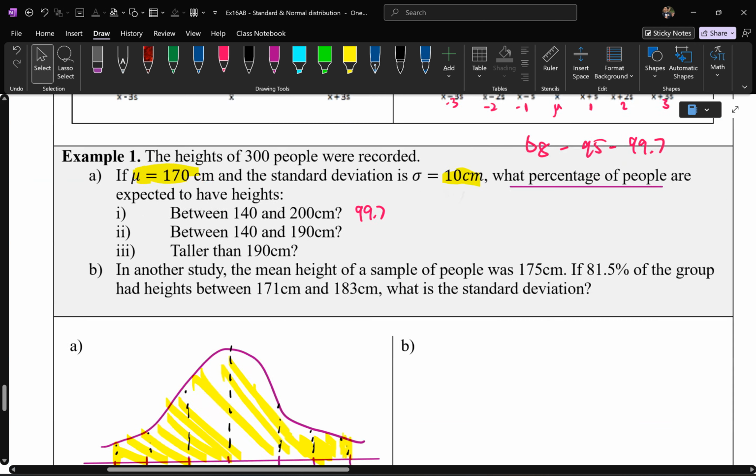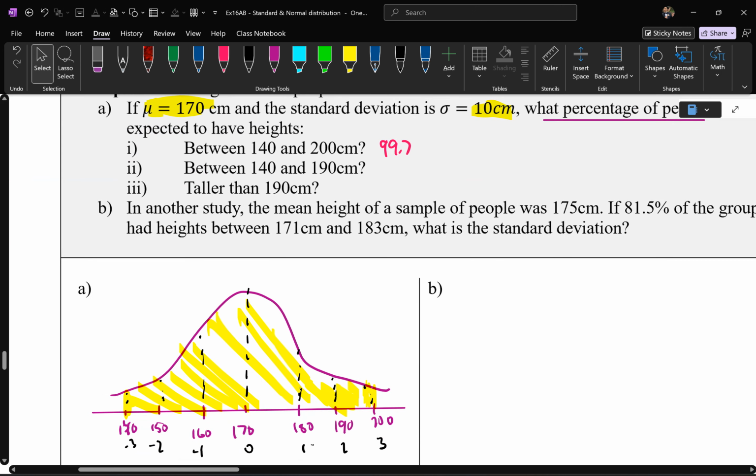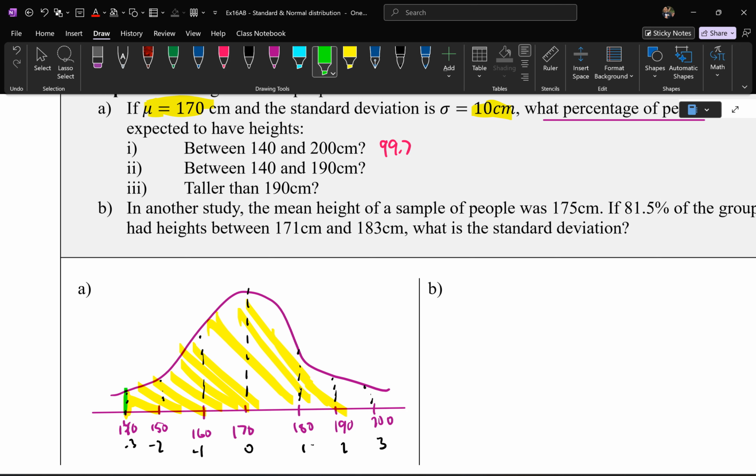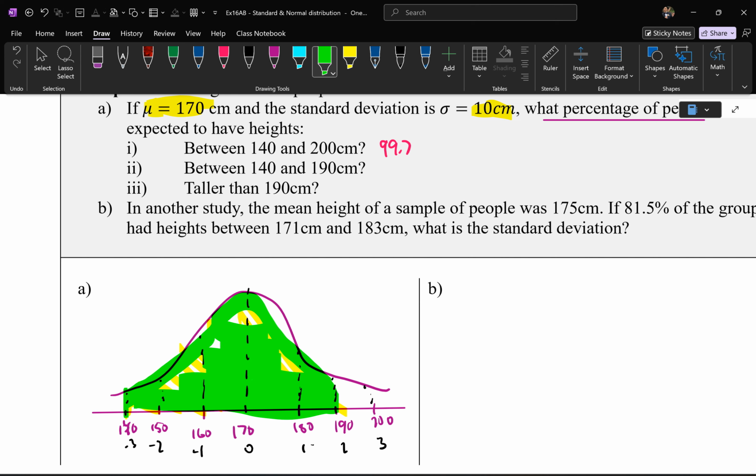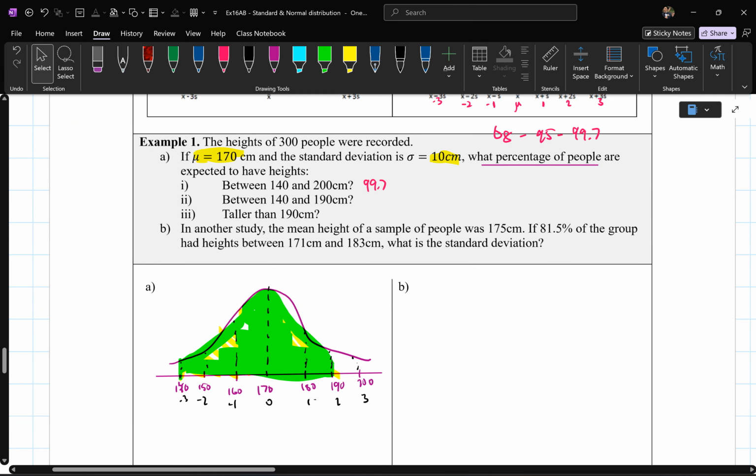Next one. What about between 140 and 190? So 140 is still here, and I'm going all the way to 190. So how do we work that out?